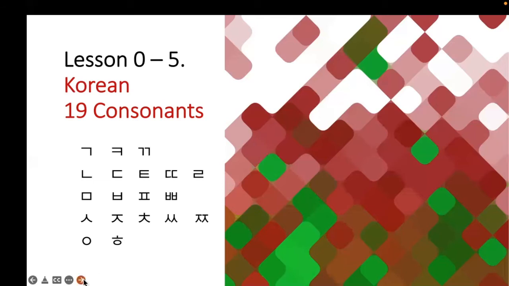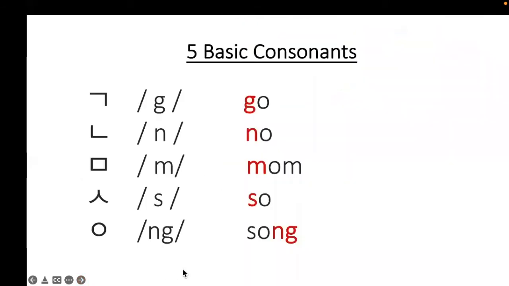So let's start. Those 19 consonants are actually derived from the 5 basic consonants. The 5 basic consonants are like this: ㄱ, ㄴ, ㅁ, ㅅ, ㅇ. Basically, the sound ㄱ is really similar to the "g" sound in English, just like "go," right?